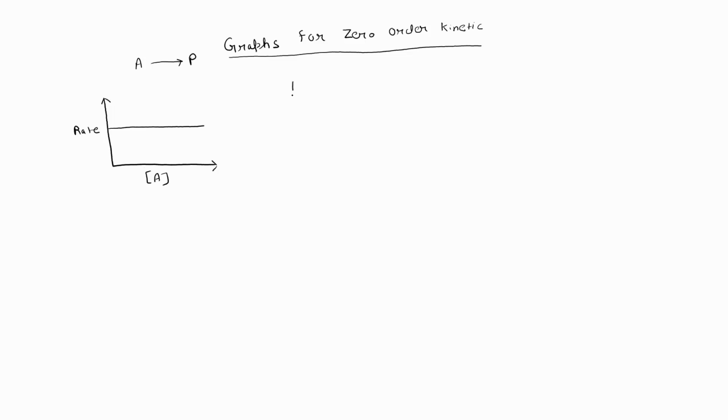And another graph is rate with respect to time. It should also be a constant value because rate is not a function of time.